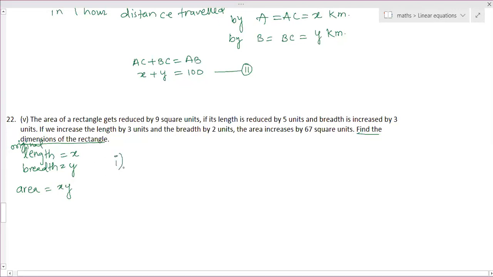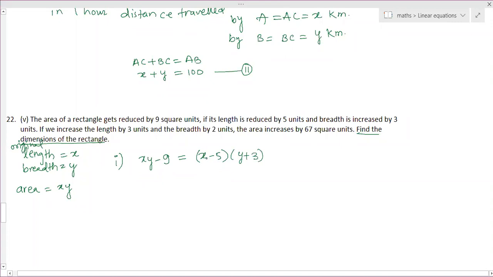Now the first condition: the area gets reduced by 9 square units, so xy minus 9. What will happen if the length is reduced by 5? The length is x minus 5, and area is length into breadth. So the new length is x minus 5 and the new breadth is increased by 3, so y plus 3.